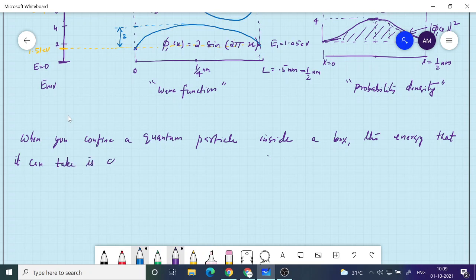This is what is called quantization. This is an example of quantization. The word quantum mechanics comes from this property, quantization of energy.